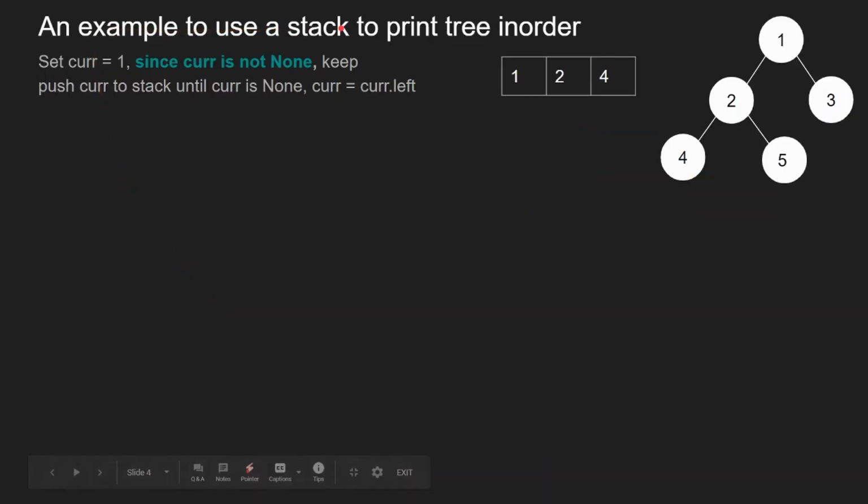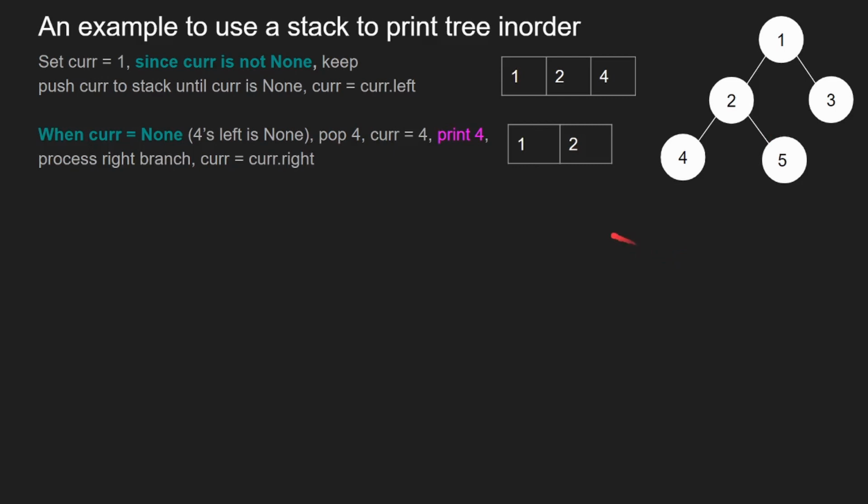An example is to use a stack to print a tree in order. Since current is pointing at the first node in the tree, you keep pushing what current is pointing to onto the stack until current is pointing to none, and you keep making current point at the last node's left value.